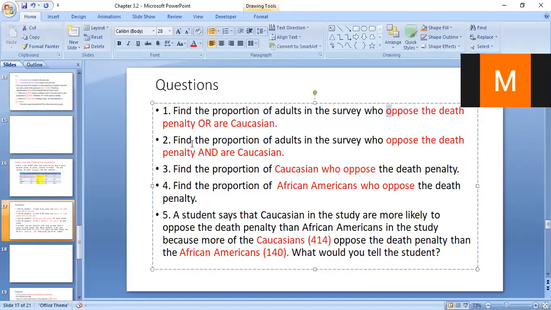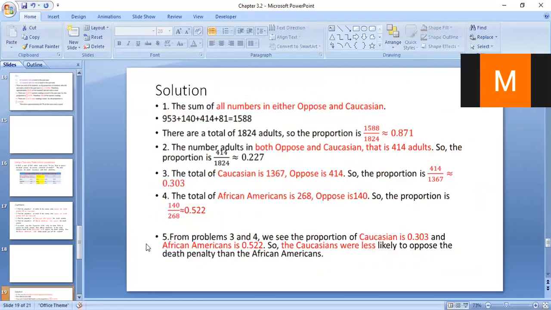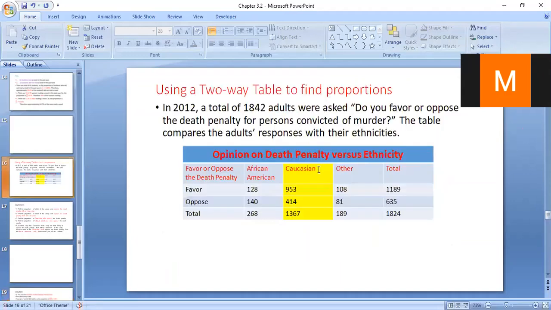And now question 2: find the proportion of those in the survey who oppose the death penalty and are Caucasian. This one, you see the number of both opposition and Caucasian. That is only 440. 440 are both Caucasian and opposing.